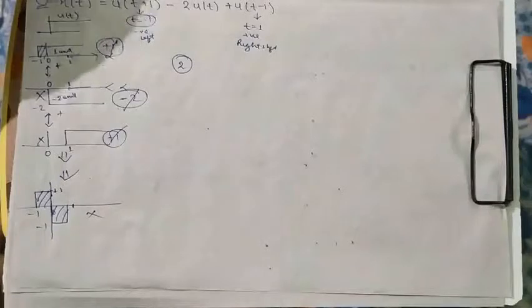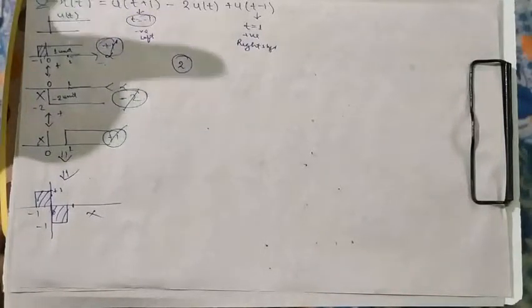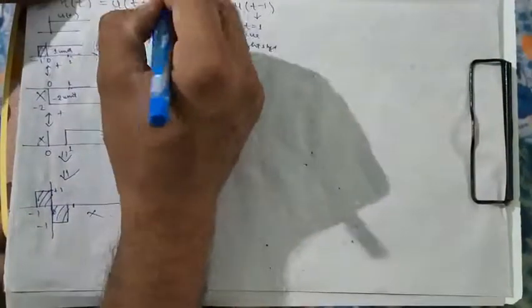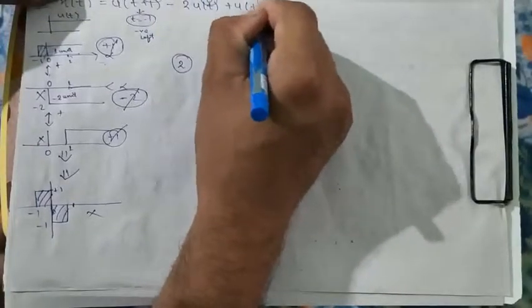Okay, now see the second question. We can also write it in a simple way like this. The slope of this, take here -1 shifting, here 0 shifting, here plus 1 shifting.